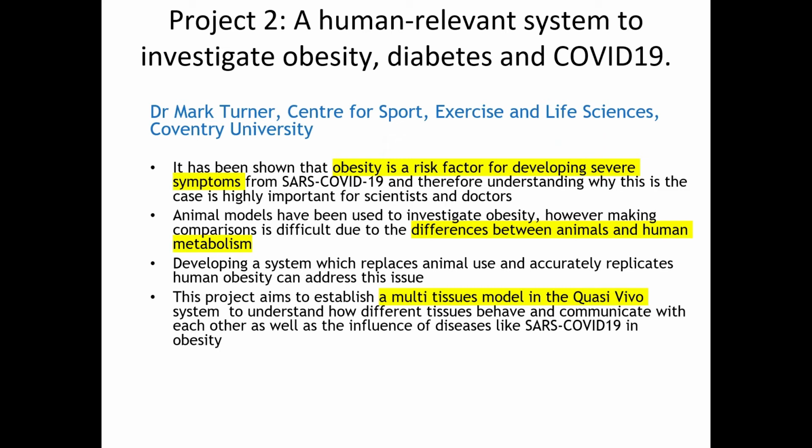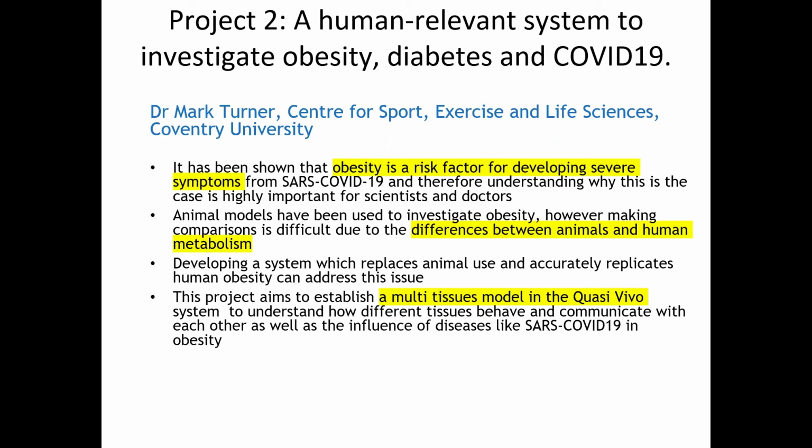The Coventry group have drawn attention to the inability of animal models to really be useful because the metabolism is just so different from humans. So we need to be using human cells and a human tissue-based model for these systems.